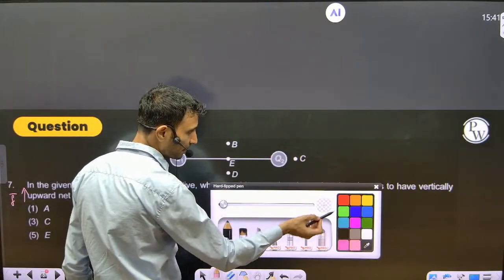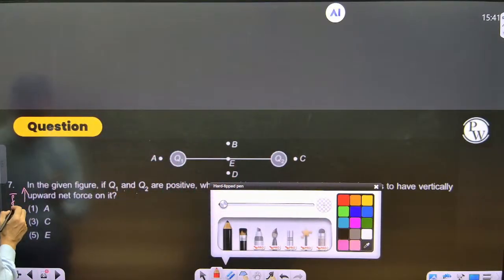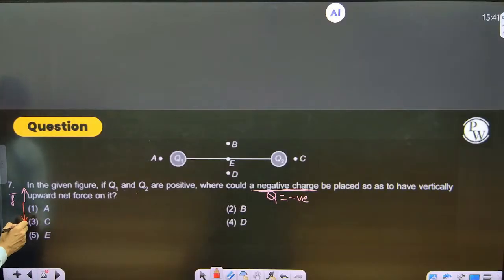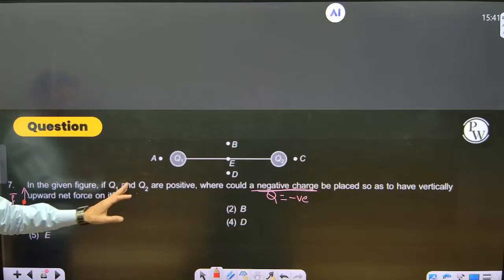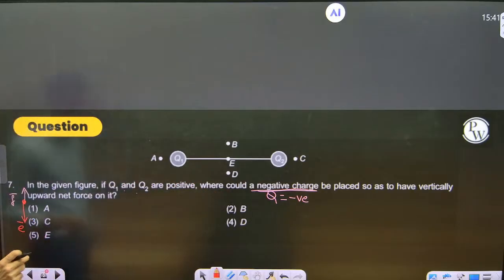That means the electric field must be downwards, right? On a negative charge, when force is upward, the electric field will be downward. So I want to find a situation where the electric field will be downward.